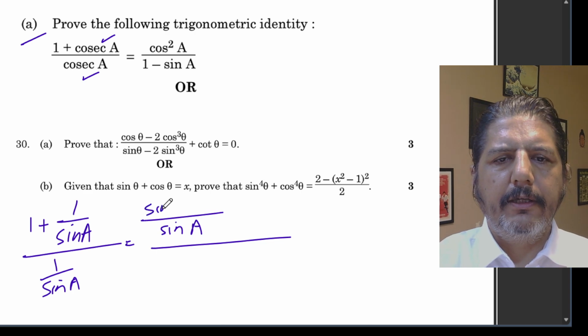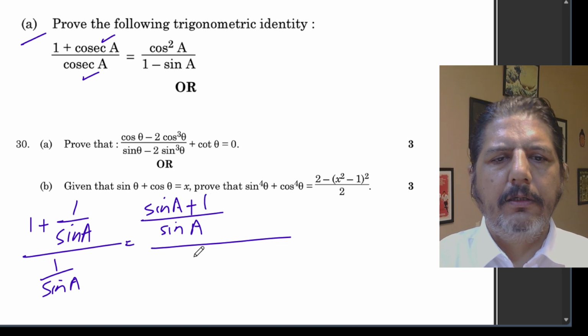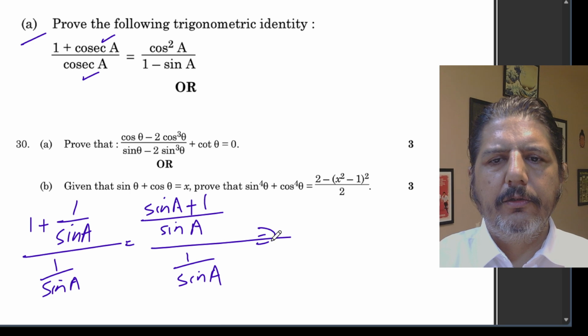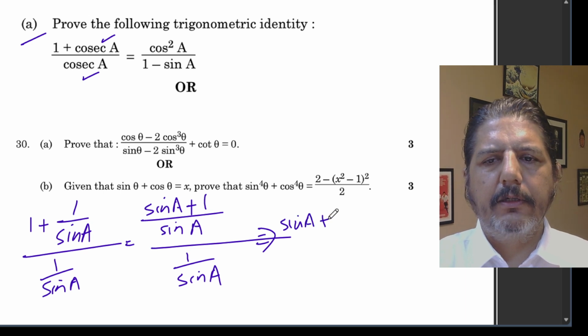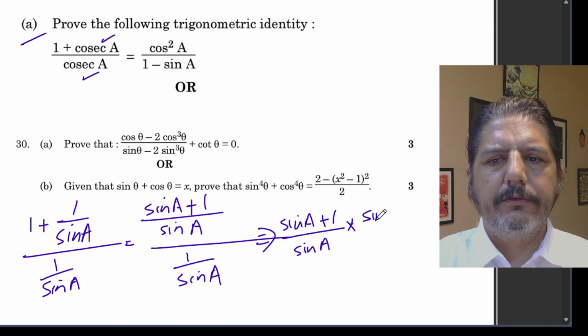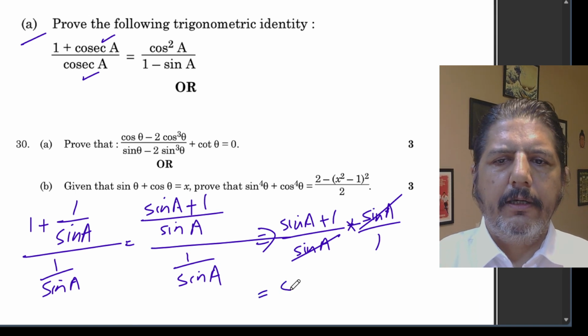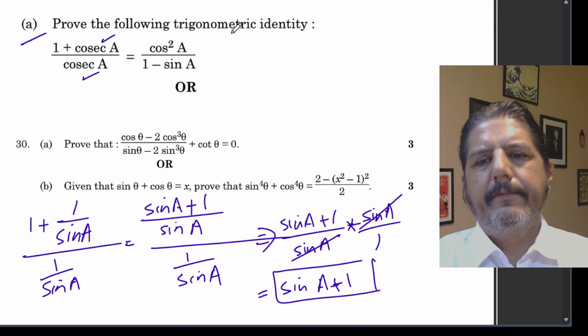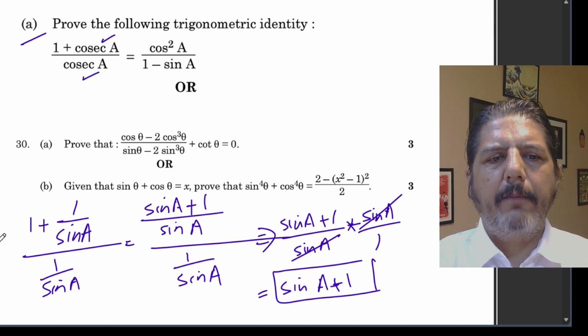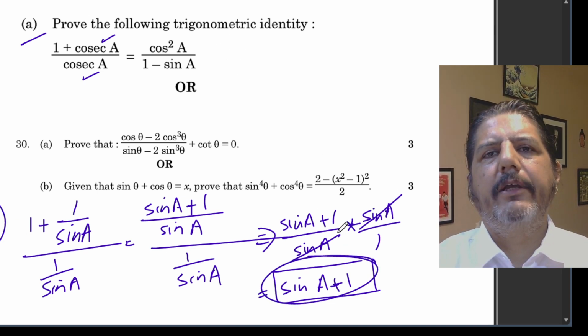It will be (sin A plus 1) whole upon sin A, divided by 1 upon sin A. This would be equal to (sin A plus 1) upon sin A, multiplied by sin A upon 1. This will cancel and this will be equal to sin A plus 1. And so my LHS is equal to sin A plus 1.